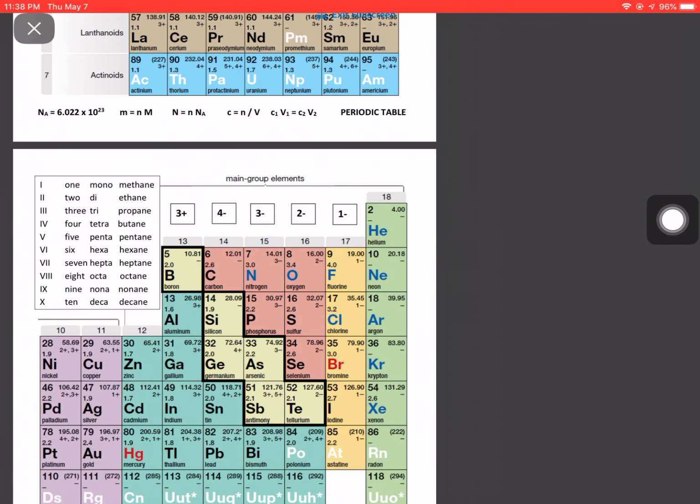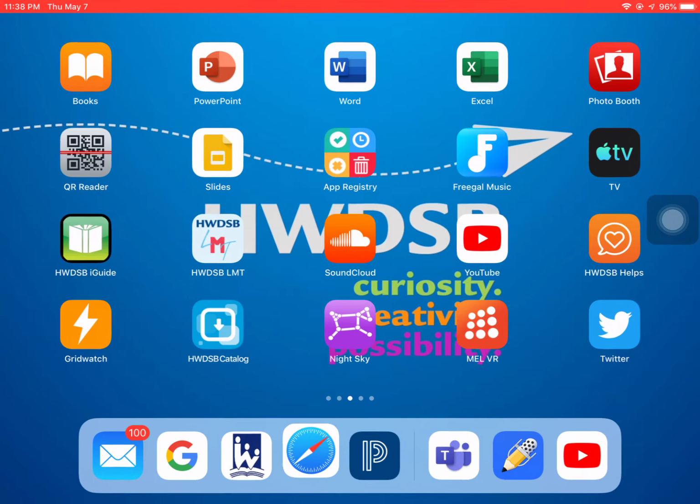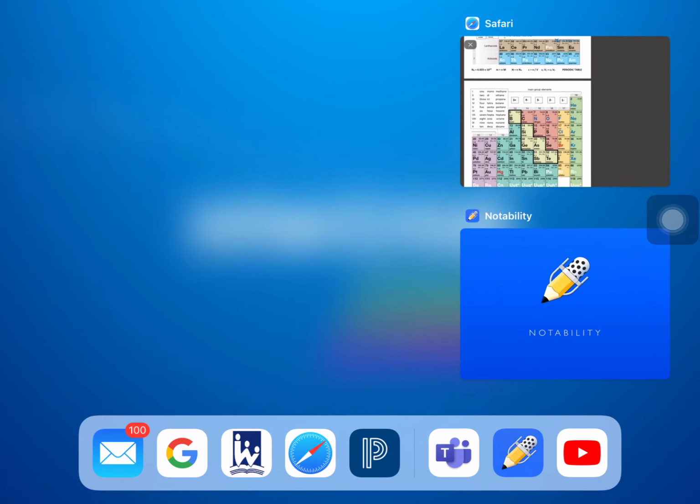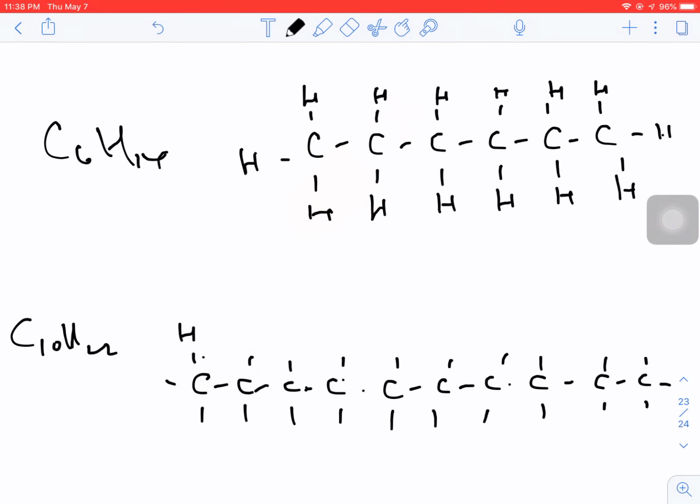All right, so you've got that to fall back on. Again, keep that periodic table handy. It is absolutely the most vital part of what we do in chemistry, just over and over again. So those are all my alkanes, methane up to decane.